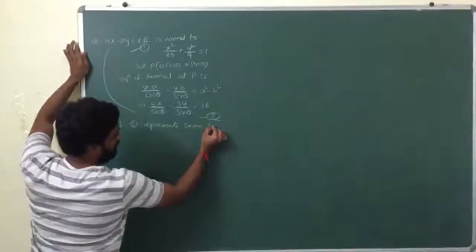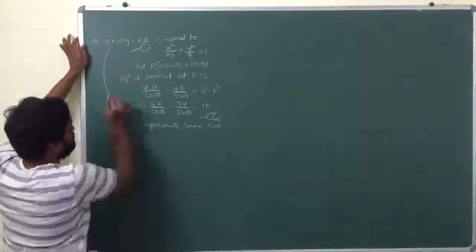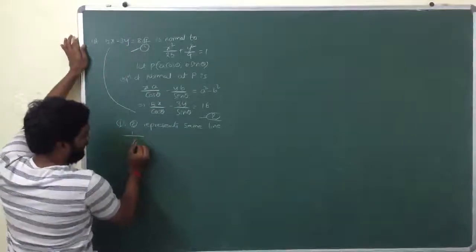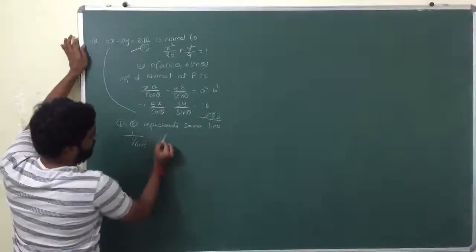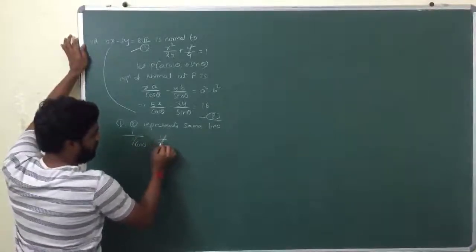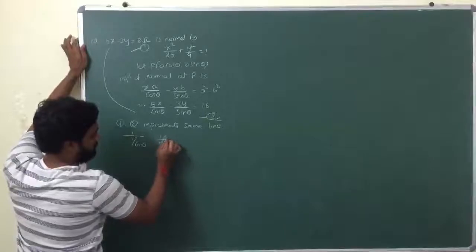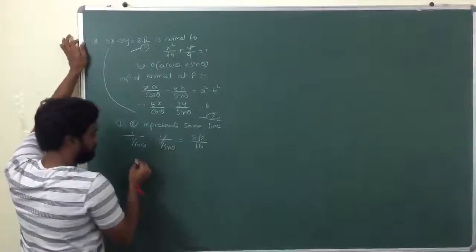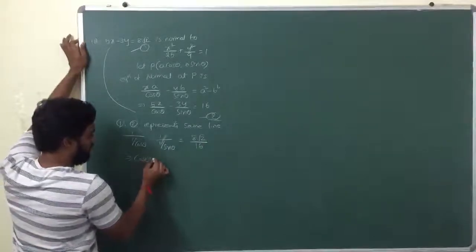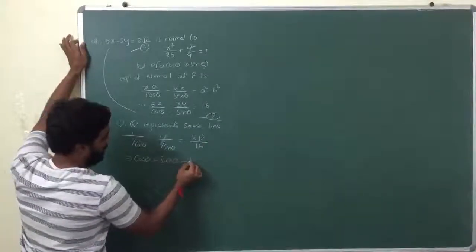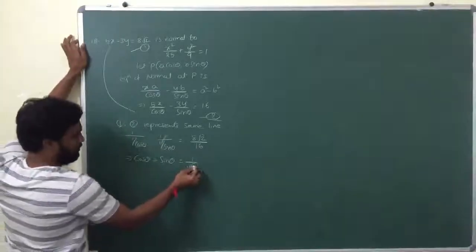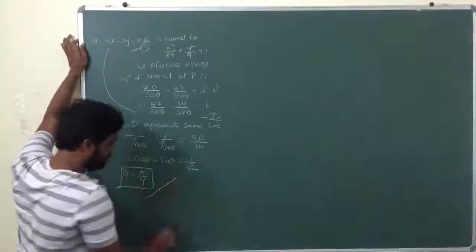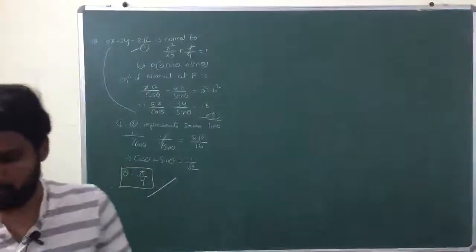Equation 1 and 2 represent the same line, which means 5x, 1 by cos theta is equal to 1 by sin theta is equal to 8 root 2 by 16. So cos theta is equal to sin theta is equal to 1 by root 2. Okay, which means theta should be equal to pi by 4. That's the answer. Theta is equal to pi by 4.